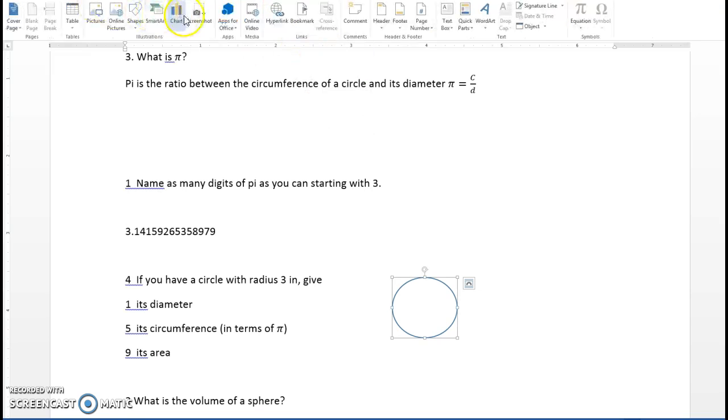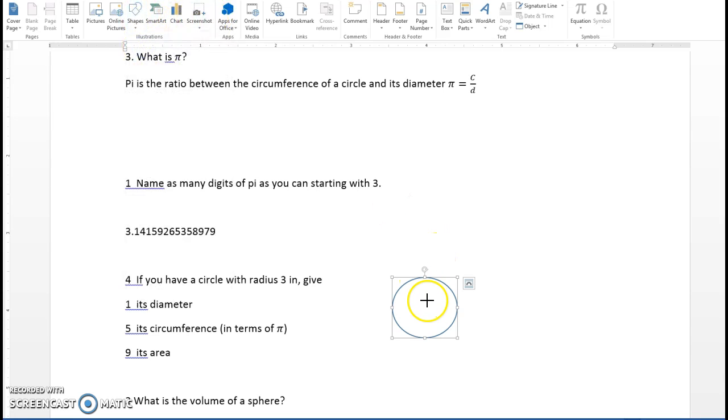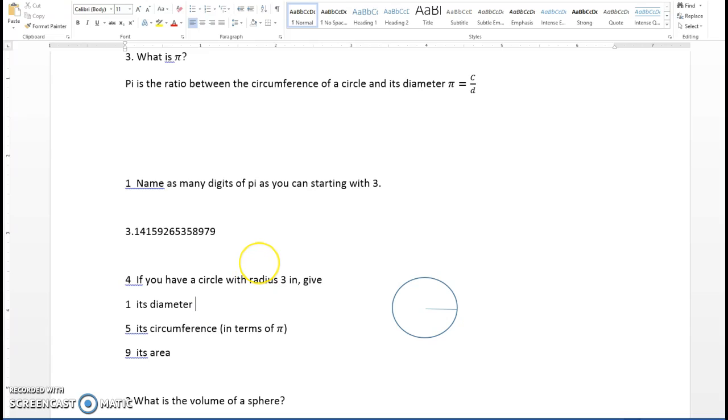Now, the radius obviously is from the center to the edge right there. So if that is 3, the diameter is just double that, right? All the way across. So the diameter is equal to 6 inches. Don't forget your units.